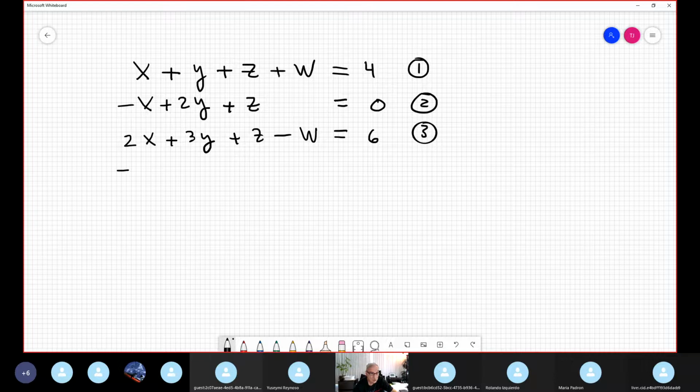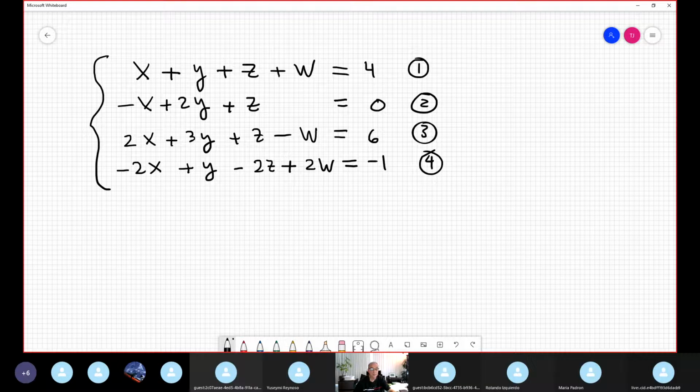And finally we have minus 2X plus Y minus 2Z plus 2W equal minus 1. Equation 4. How many variables do we have in that problem?